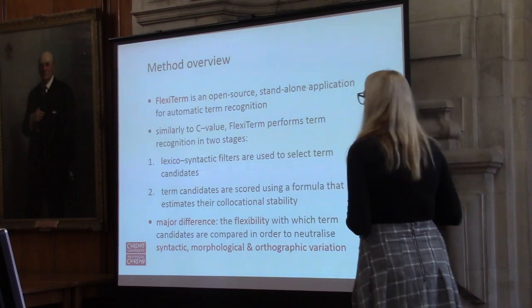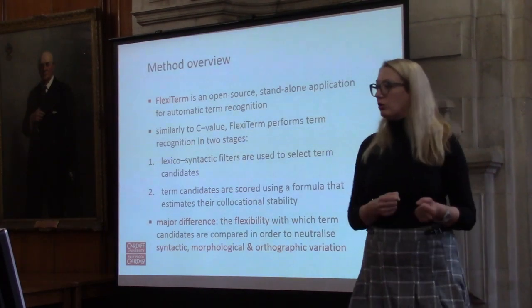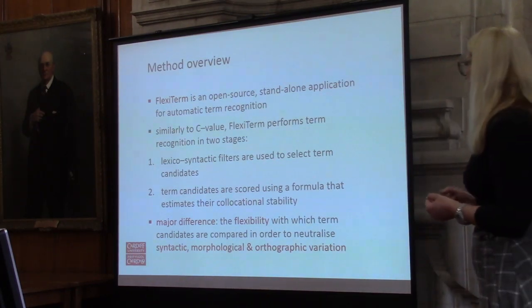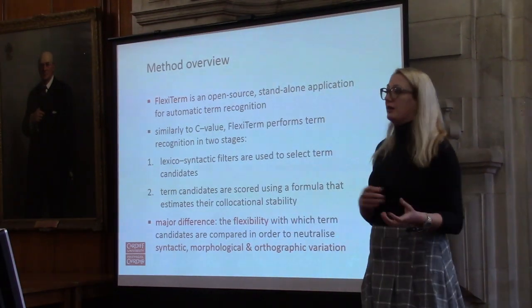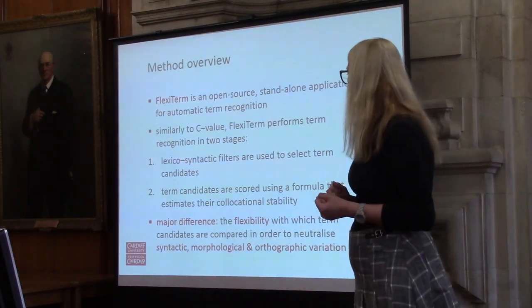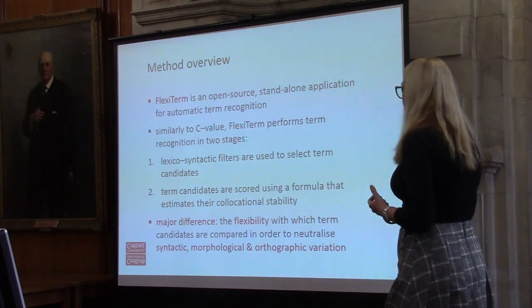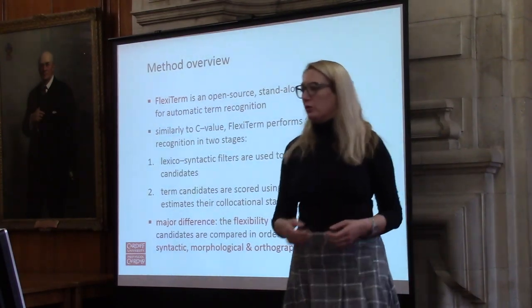Then we rank these candidates using the C-value formula that estimates how collocationally stable they are. The major difference between these two methods is the flexibility with which term candidates are compared to one another in an attempt to neutralize the 3 types of term variation. So flexibility is part of the name. This is why we called it FlexiTerm.